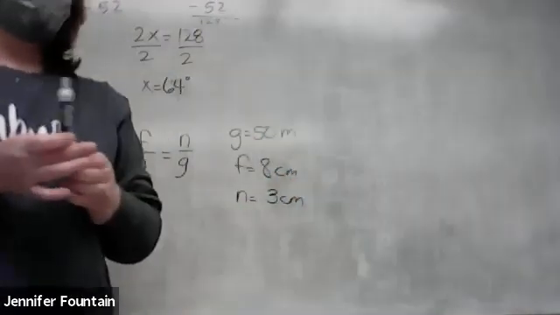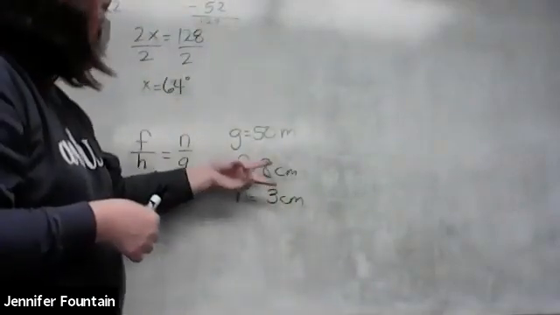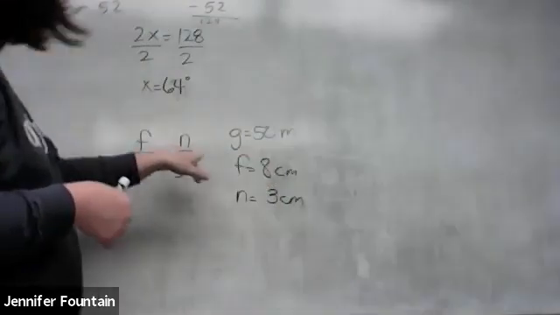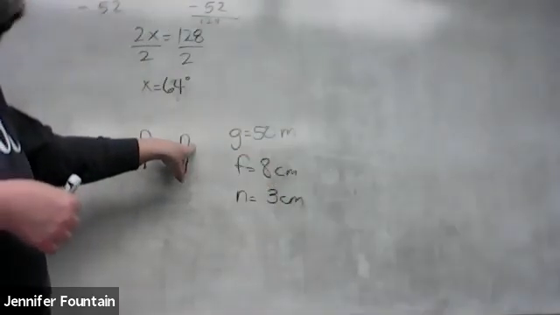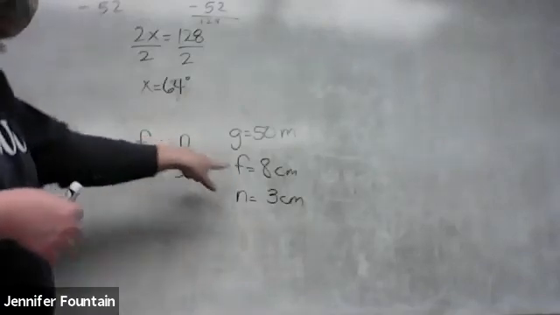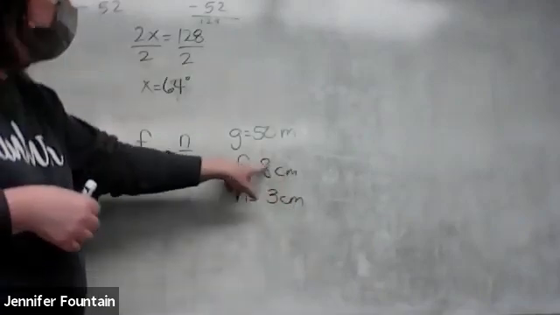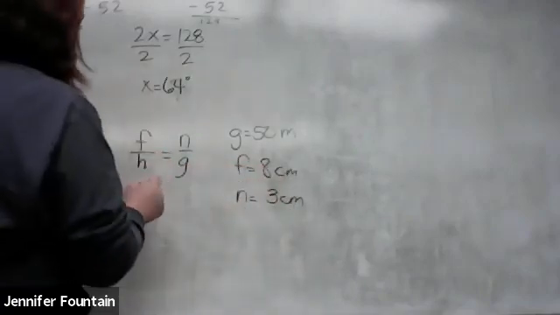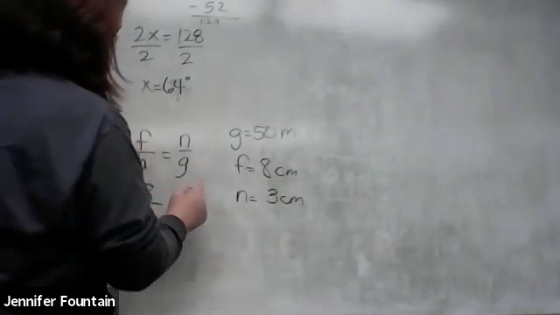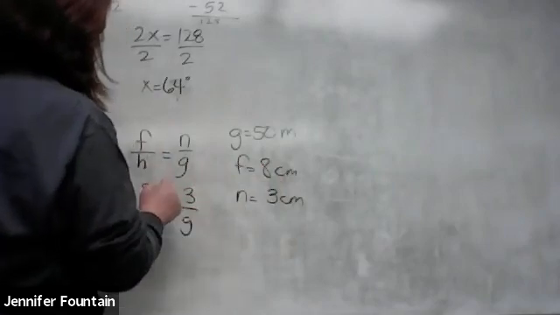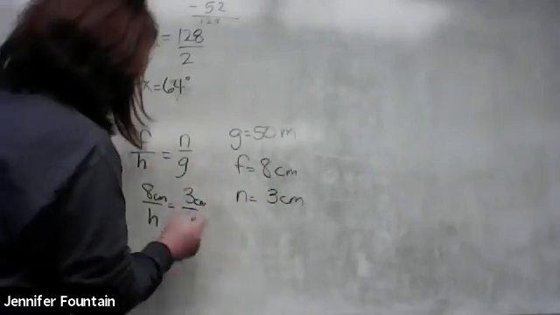Now, think about this for a minute. Do you remember what we talked about yesterday about when I'm setting up my proportions? I want to make sure that my numerators have matching units. So in this situation, F and N, it's okay to keep them as centimeters, as long as they're in the numerators. So I'm going to have 8 over H is equal to 3 over G. I'm going to go ahead and label these. I can plug in 50 meters.